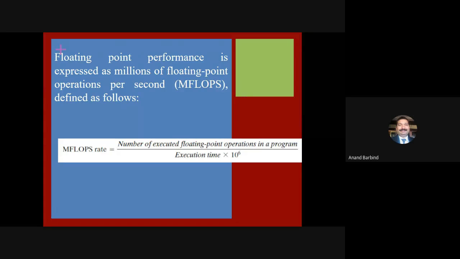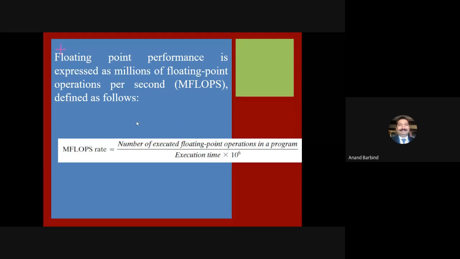So instead of MIPS, another parameter is also defined for the computer, that is MFLOPS, million floating point operations per second. How many millions of floating point operations per second are executed by a particular processor can be calculated using this formula: the number of executed floating point operations in a program divided by the execution time into 10 to the power 6.